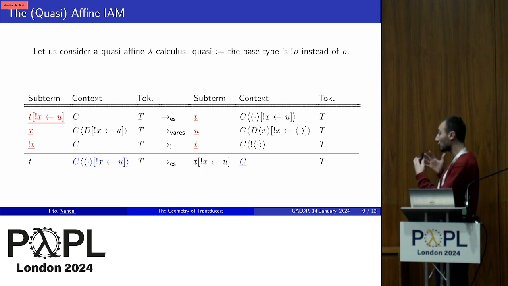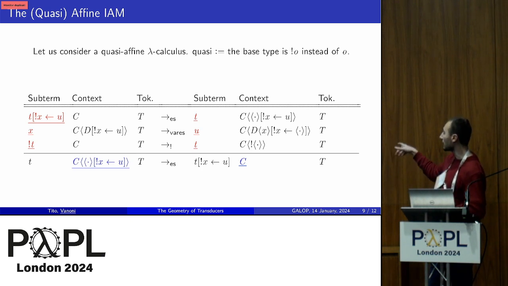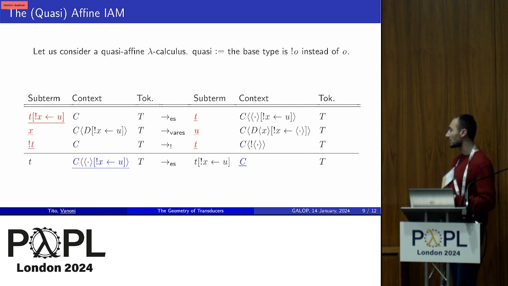And so this machine is correct, so it has all the transitions of before plus these four transitions. But as you can see, the machine is not reversible anymore. So for example, there is no reverse transition of the bang, and also there isn't the reverse transition for the variable when this is bound by the explicit substitution.